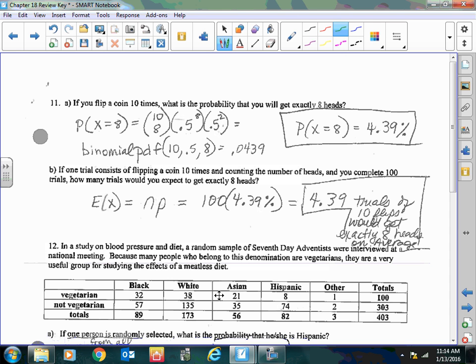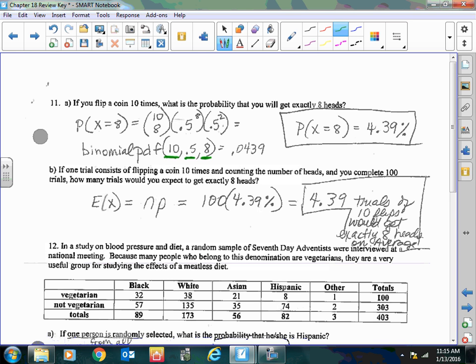And then a half, and I want 8 of those that are heads, and probability of tails, and 2 of those. Binomial PDF of n, the number of trials, the probability of success, and the number of successes. Trials, probability of success, successes. And then here you get your answer, which you had to use in part B.